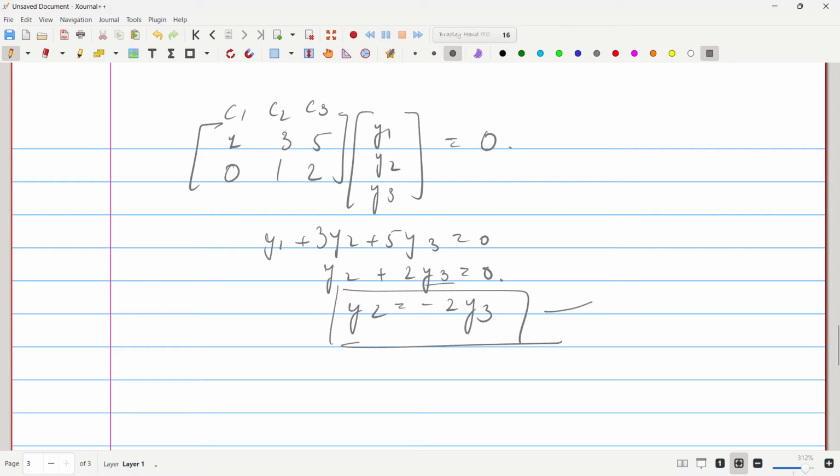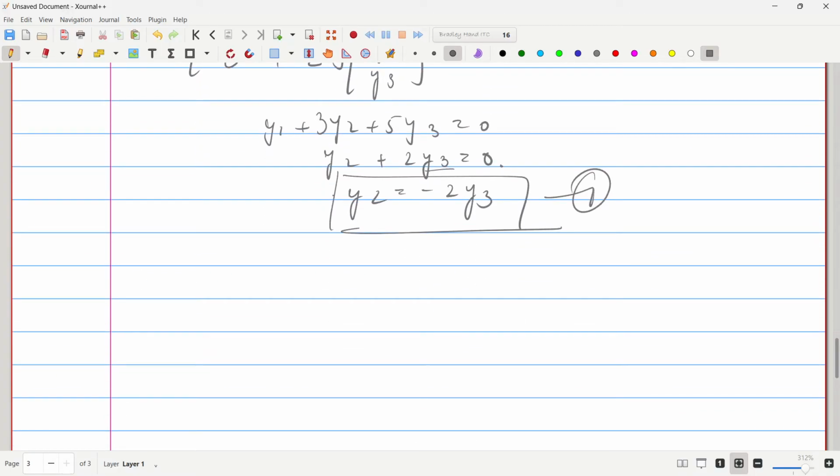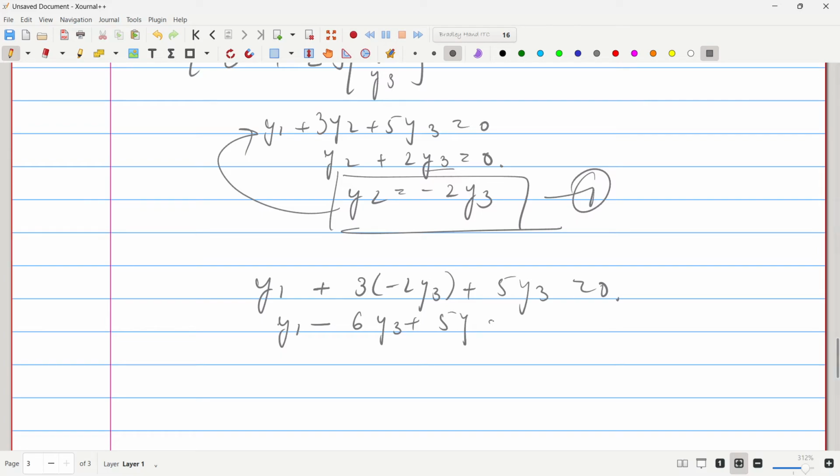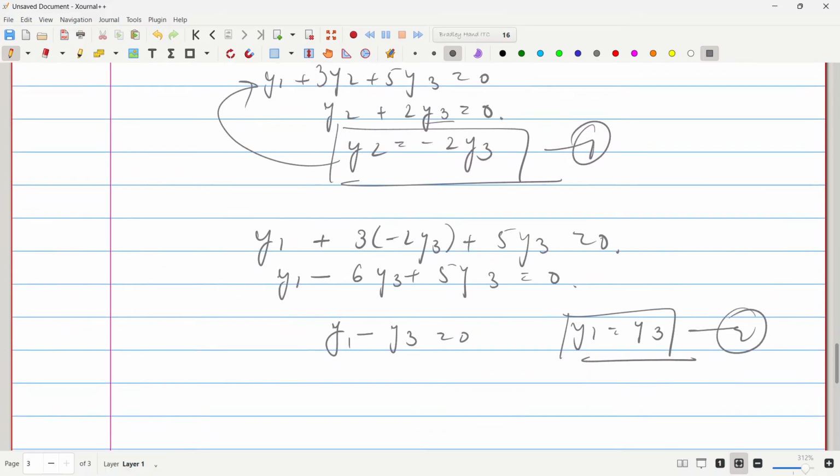This is the first relation. If I put this in equation 1, y1 plus 3 times minus 2 y3 plus 5 y3 is equal to 0. Then y1 minus 6 y3 plus 5 y3 is equal to 0, then y1 minus y3 is equal to 0. So y1 is equal to y3. This is relation 2.